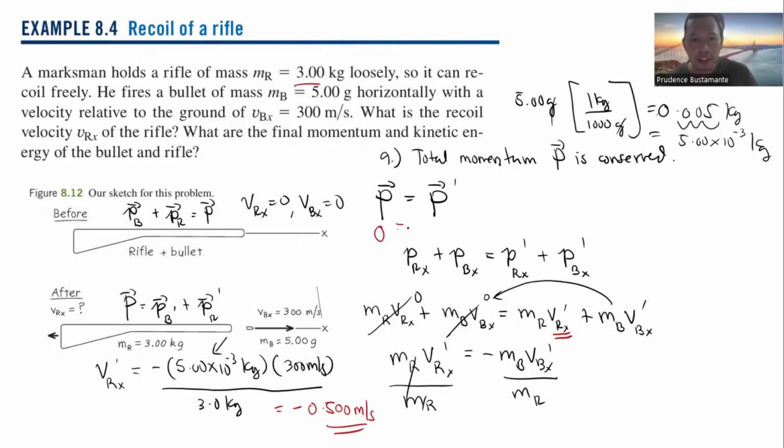Since the initial momentum is equal to 0, the final momentum should also be equal to 0 because the momentum is conserved. So meaning if the value of the total momentum here is 0, your final momentum also must be 0. You can verify that one in the book, but I will not include it here. I will leave that as your exercise.